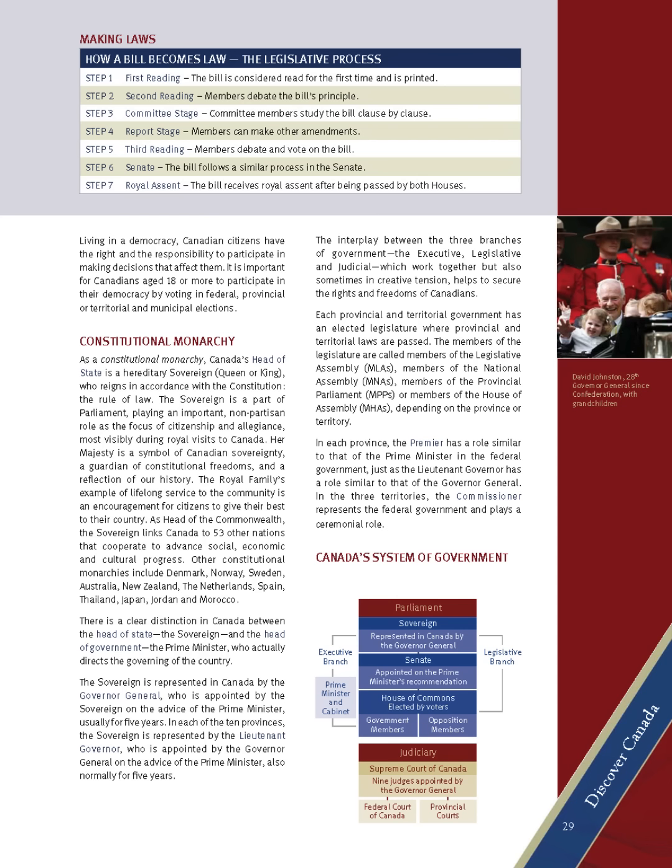Members can make other amendments. Step 5. Third reading. Members debate and vote on the bill. Step 6. Senate. The bill follows a similar process in the Senate. Step 7. Royal assent. The bill receives royal assent after being passed by both houses.